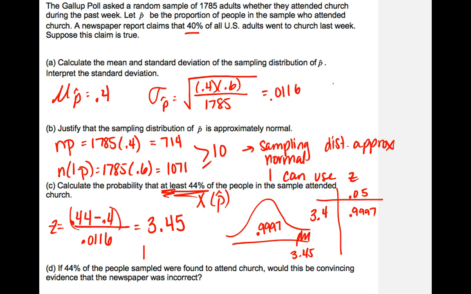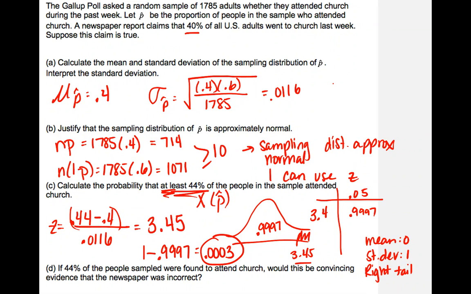So I have to do 1 minus 0.9997 to get my final answer, which is going to be about 0.03%, I should say, 0.0003. If you use StatKey, you would do your mean of 0, standard deviation of 1, and then you would pick right tail for that top end, and then you would use your z-score of 3.45 to get 0.03%.